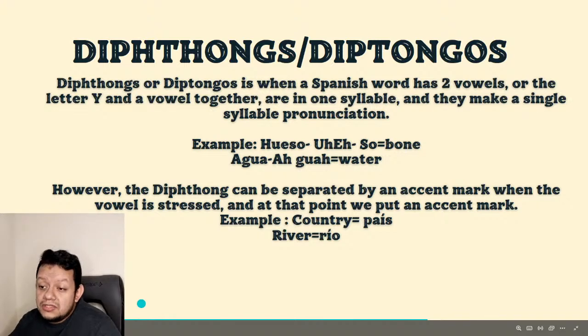Those are the words where there's a diptongo, where there were two vowels, but it was separated because of the accent mark, because we're stressing that first syllable or second syllable in this case. For country, it's the second syllable, and for river, it's the first syllable. Okay. All right. Then let me go ahead and pull up the next thing here.